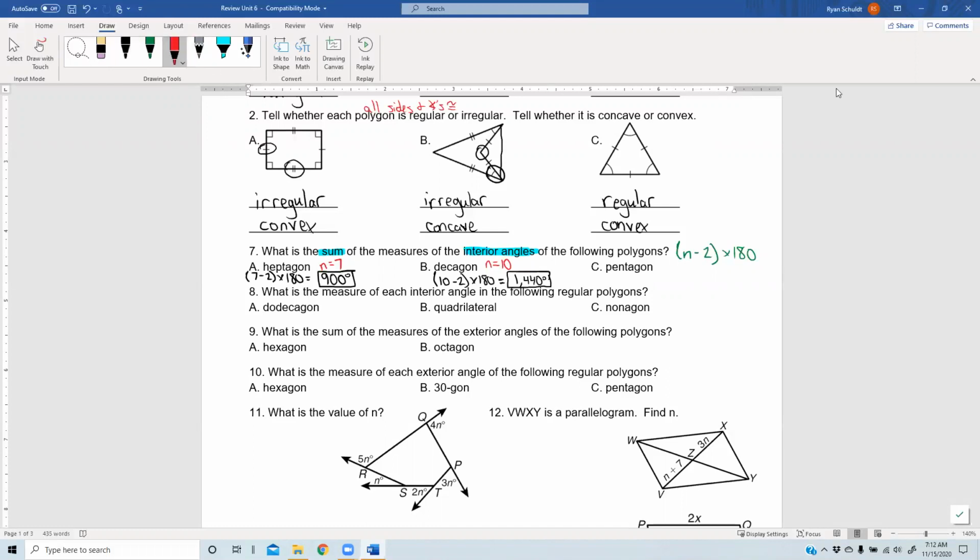And then we have pentagon. The pentagon has 5 sides. Plugging that in, that's going to be 5 minus 2 times 180. Just 540 degrees.